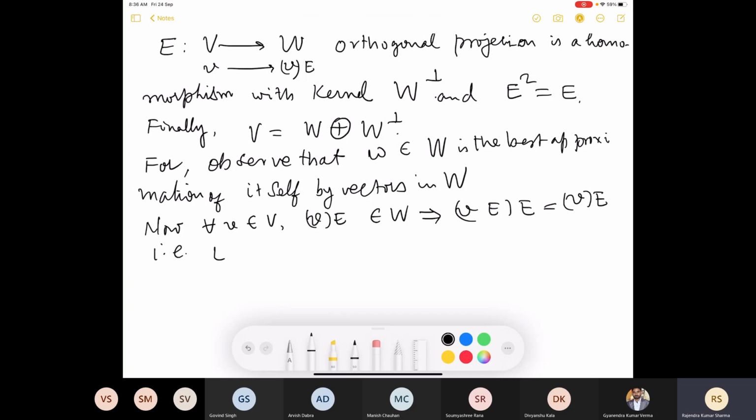And that makes E square equal to E, because this is for every V. That means this E is an idempotent.